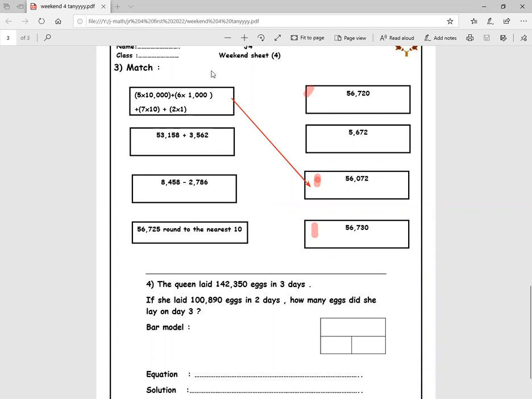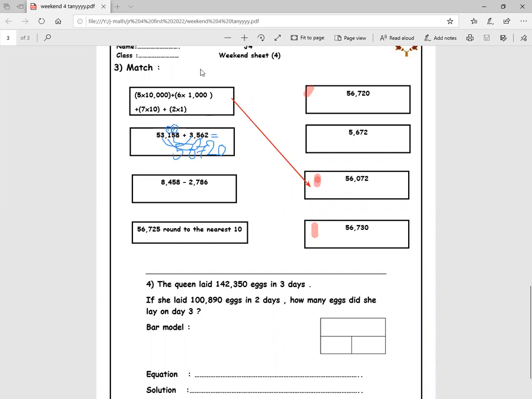Let's add it and find the final answer. 8 plus 2 equal 10. 0 and carry over 1. 1 plus 5, 6. 6 plus 6, 12. 2 and carry over 1. 1 plus 1, 2. 2 plus 5, 7. 3 plus 3, 6, and 5.